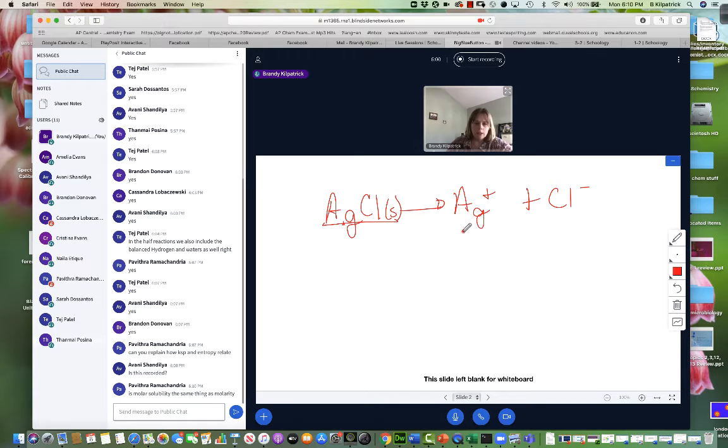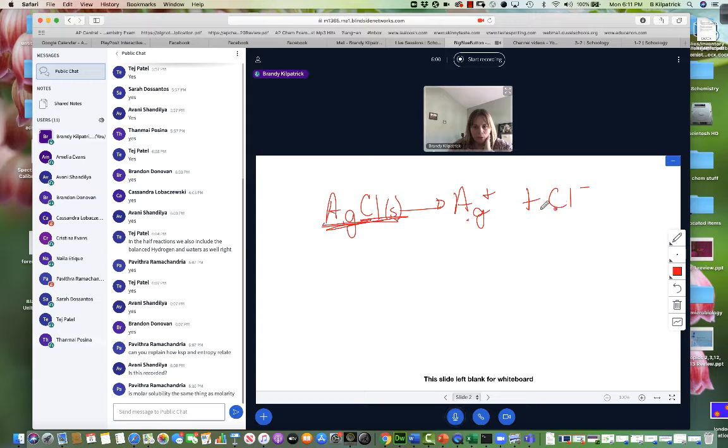So it's not really the same thing as molarity. Well, yes and no. So when we talk about molar solubility in terms of KSP, we're talking about how many moles of this will dissolve into 1 liter of water.